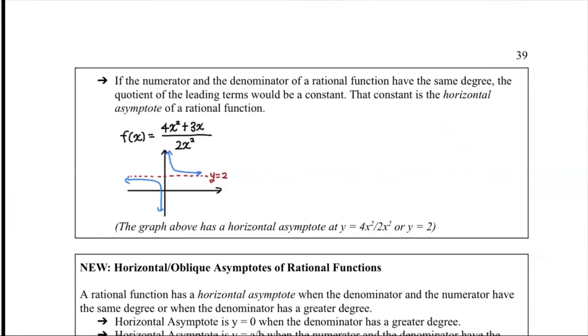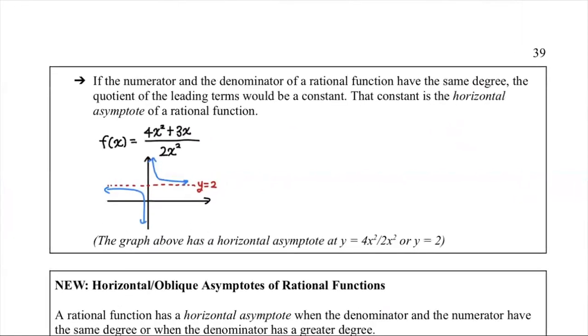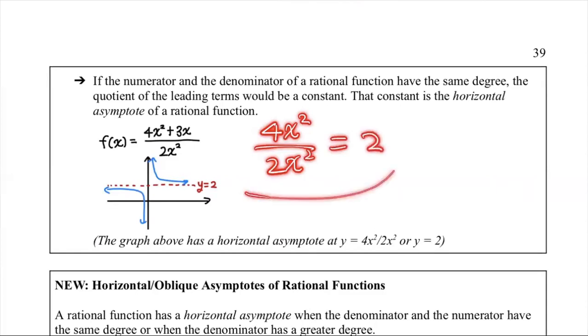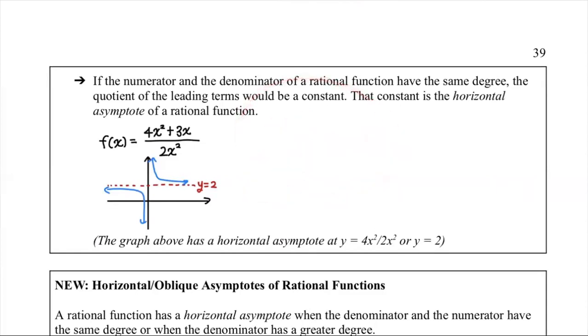Our last scenario is when the denominator and the numerator have the same degree. In that case, the quotient of the leading terms would be a constant. Why? Because if we take the two leading terms and divide them, we would simply get a constant like this. In that scenario, that constant is the horizontal asymptote of the rational function.